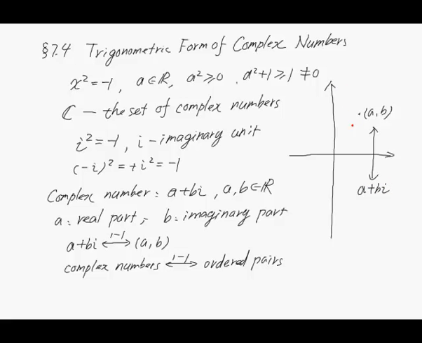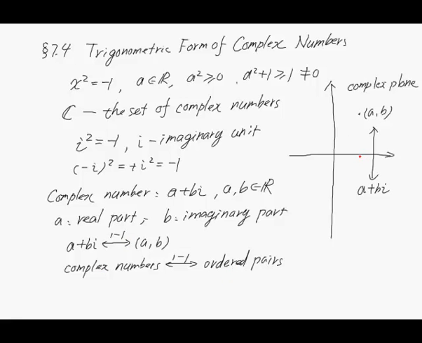So this plane is called the complex plane, because it consists of all those complex numbers. Each point is a complex number by using this one-to-one correspondence between the complex numbers and ordered pairs.